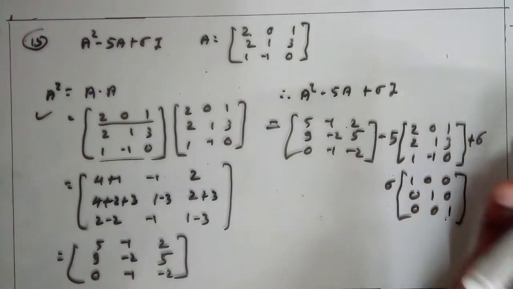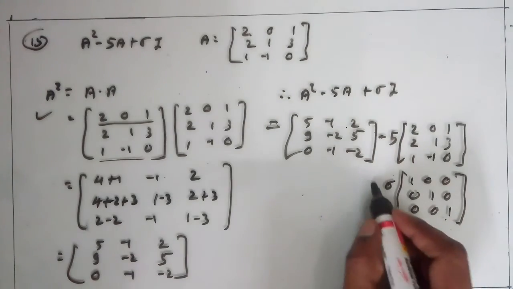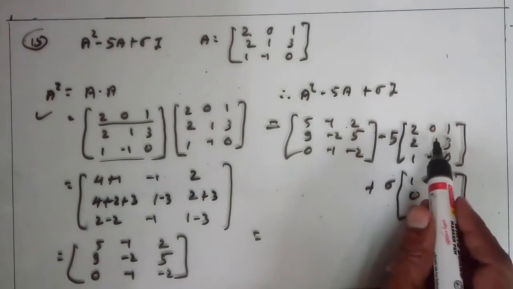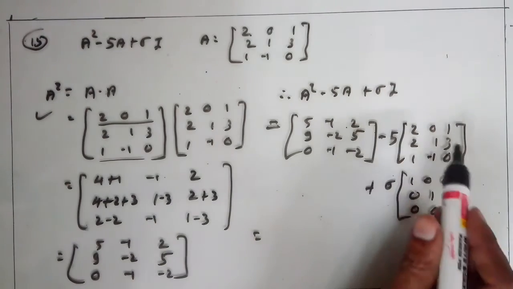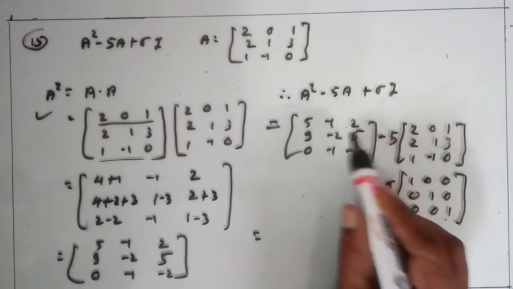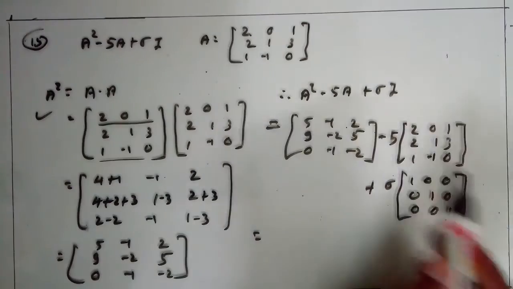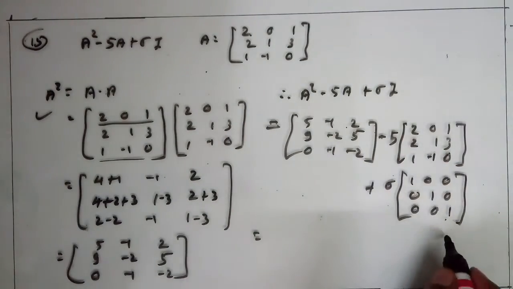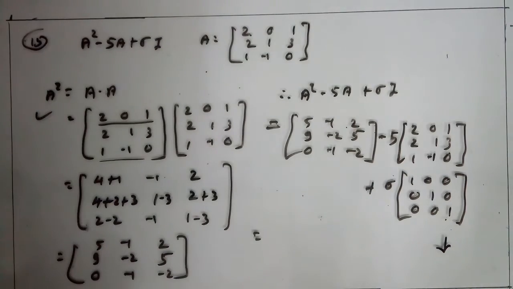Clear? So now take the minus 5 inside, take the 6 inside, then take the addition of all three matrices and get X square minus 5A plus 6I. Complete it yourself. Clear this?